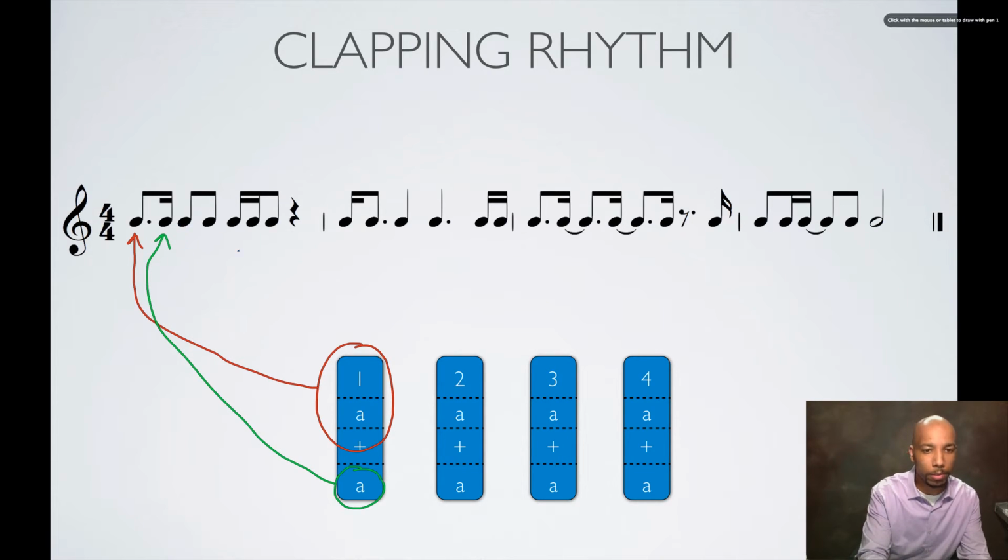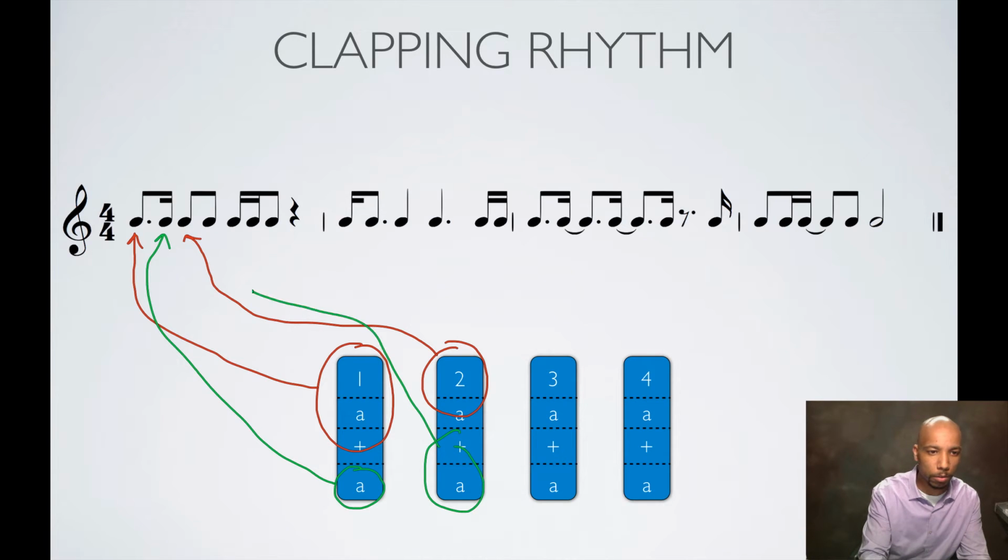And now we're on to beat 2. So this is half of a beat, so it gets half of a chocolate bar. And the other half is going to go to the one beside it. Let's go to beat 3. So for beat 3, the first note's a 16th note, so it only gets a quarter of a beat.